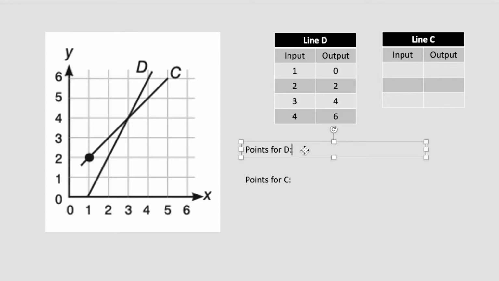Okay, so if I was going to write this as a sequence of coordinates, I would have 1 and 0, and then I would have 2 and 2, and then I would have 3, 4, and 4 and 6.